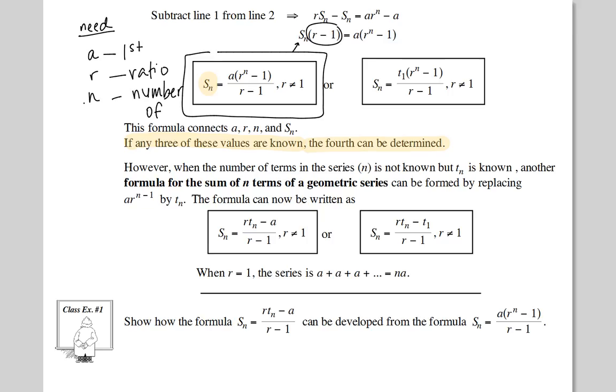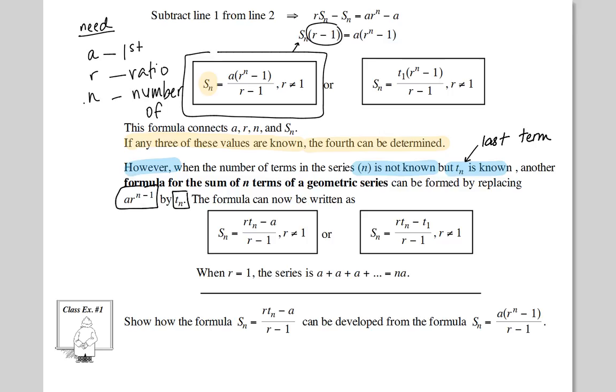Okay, so then it says, however, when the number of terms is not known, so you don't know n, but the last term is known, another formula for the sum of n terms of a geometric series can be formed by replacing AR^(n-1) by Tn.